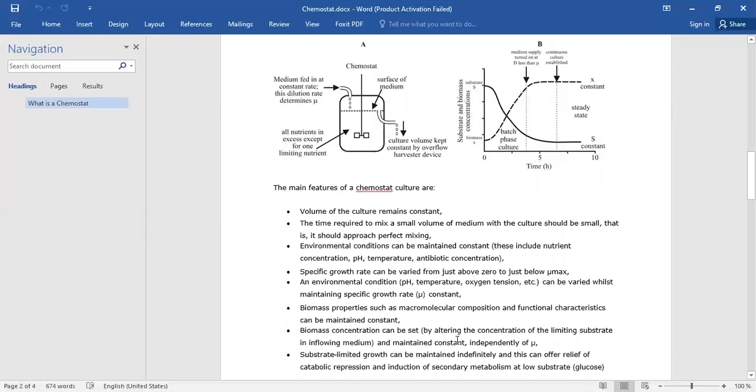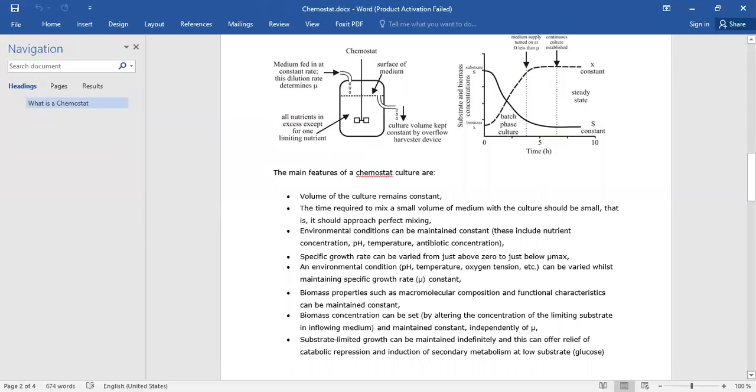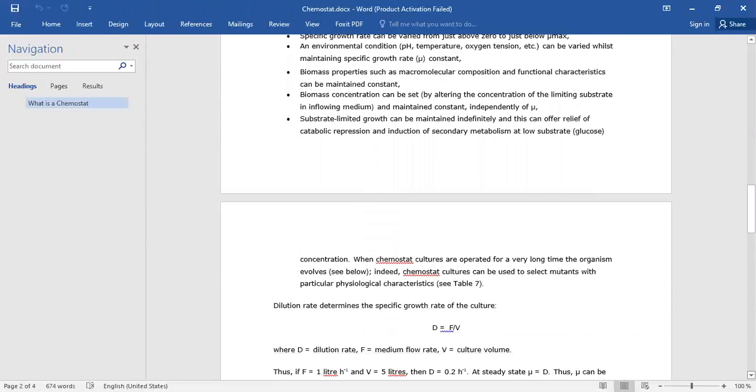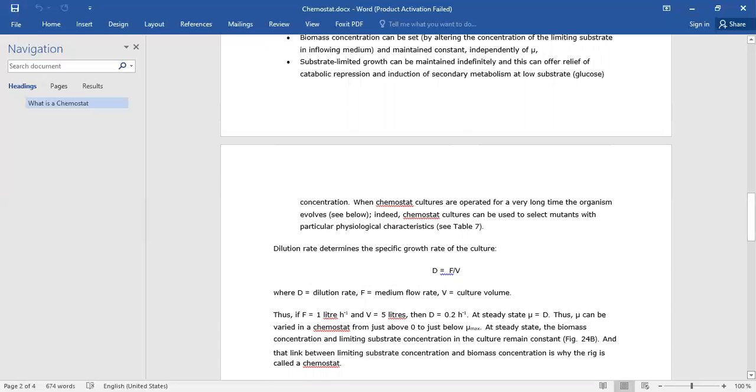The biomass concentration can be set by adjusting the concentration of the limiting substrate, according to the required amount of media. Substrate-limited growth can be maintained indefinitely, and this can offer relief of catabolite repression and the induction of secondary metabolism at low concentration.